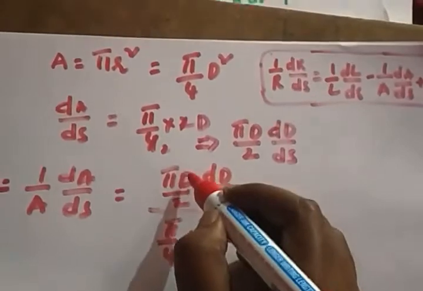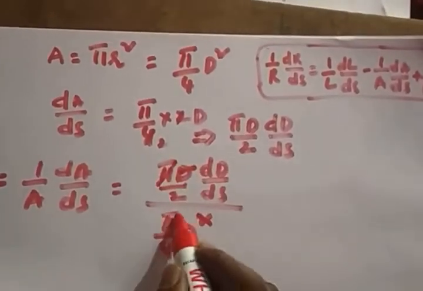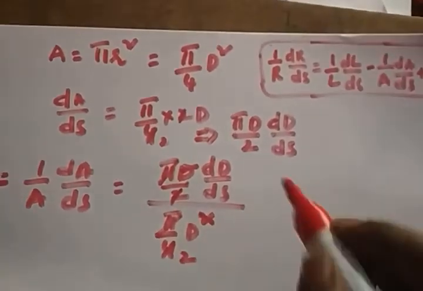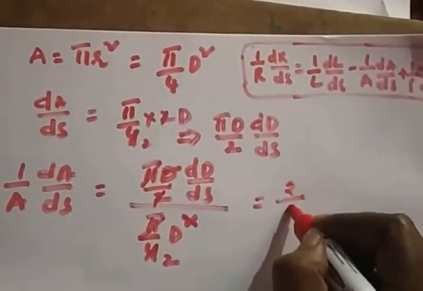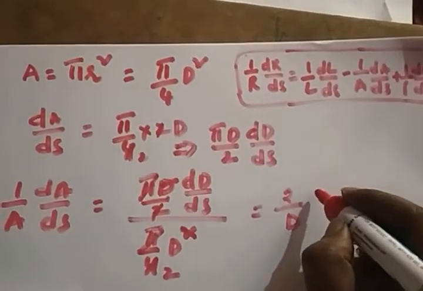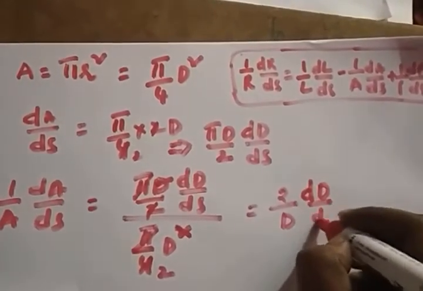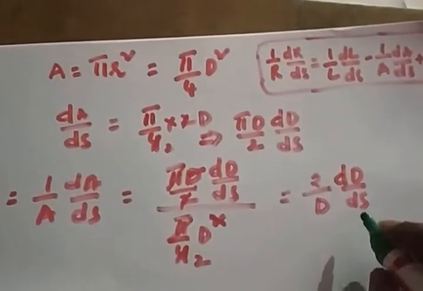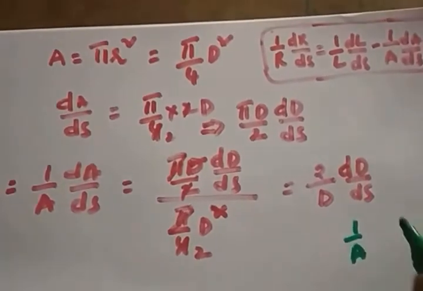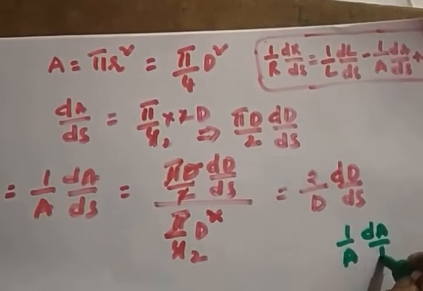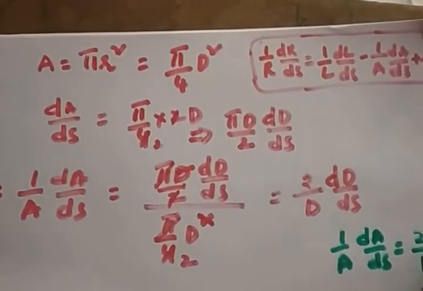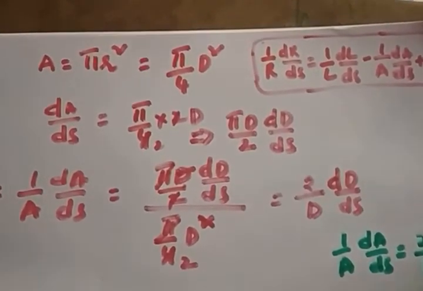So dd gets cancelled, pi gets cancelled. So what you are getting? 2 by d dd by ds. So the value of 1 by A dA by ds is equal to 2 by d dd by ds.